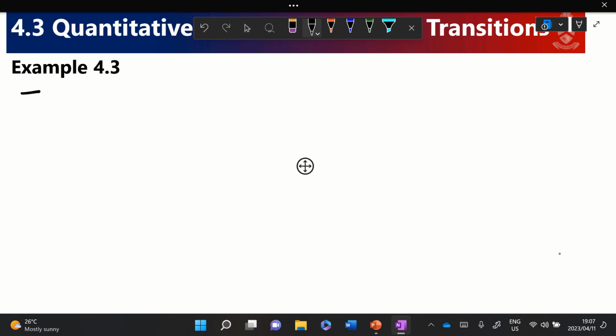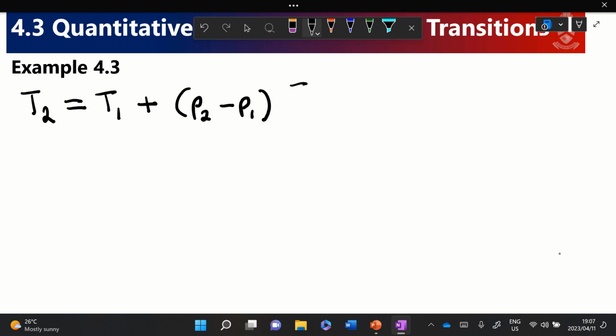So T2 will be equal to T1 plus P2 minus P1 times the inverse of our quotient. So in other words, it will be T1, the change in the molar volume of fusion, divided by the enthalpy of fusion.